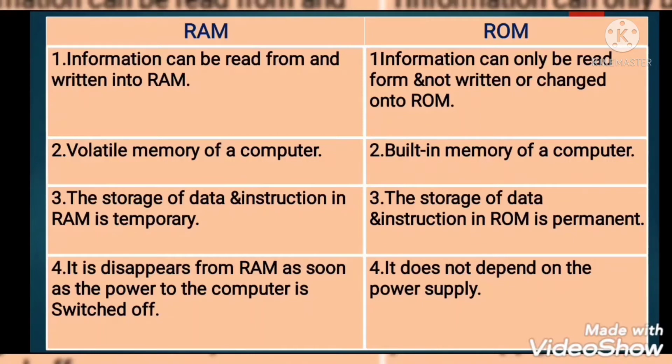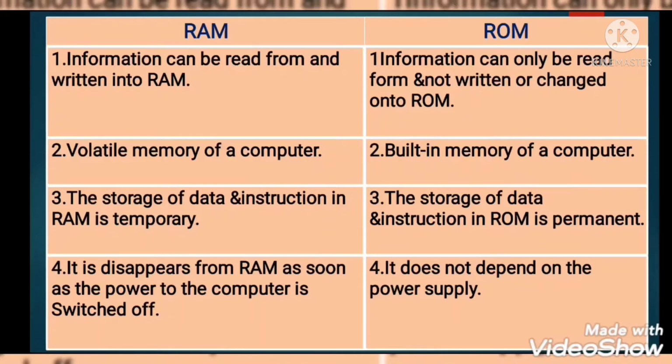That is read-only memory. See how it works. Information can only be read from ROM and not written or changed. That means ROM can be read, but you cannot change the information in ROM.